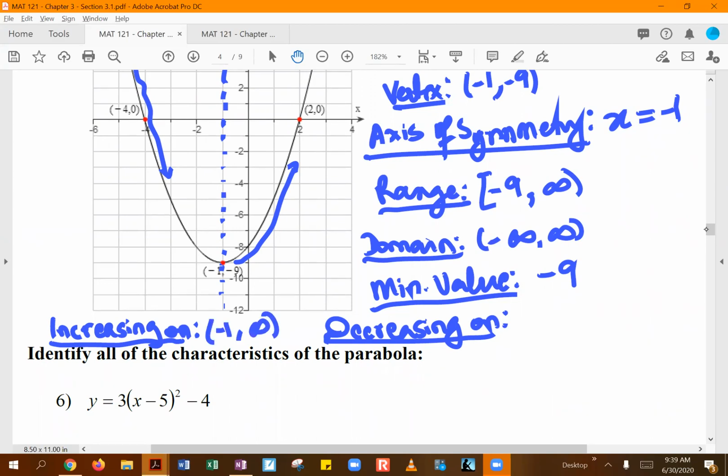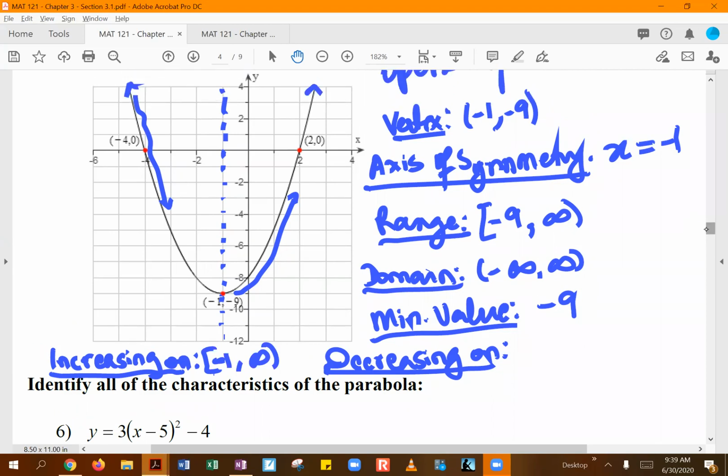Although I believe your textbook actually likes to use brackets instead of parentheses, which is weird because normally for intervals we don't like to include them, but I think your textbook does. So that should be including -1 to infinity. And then on the left hand side is where our function is decreasing.